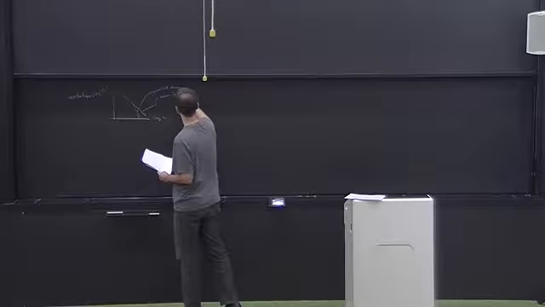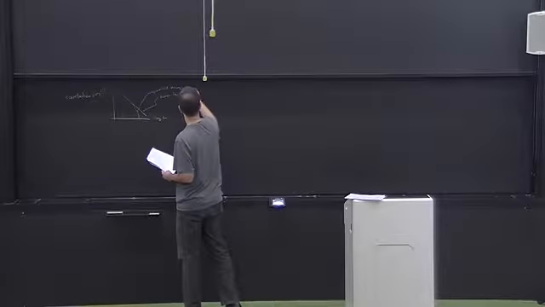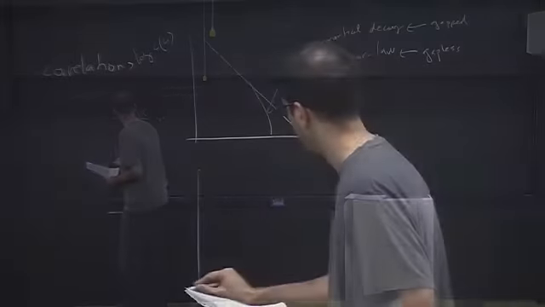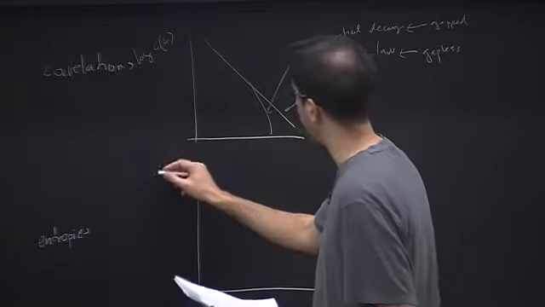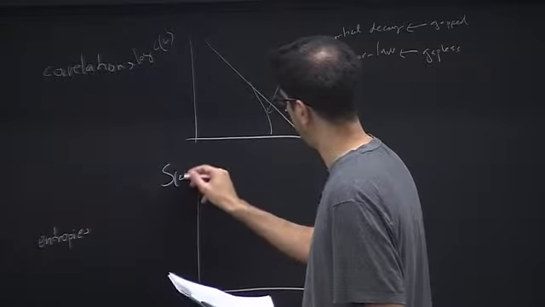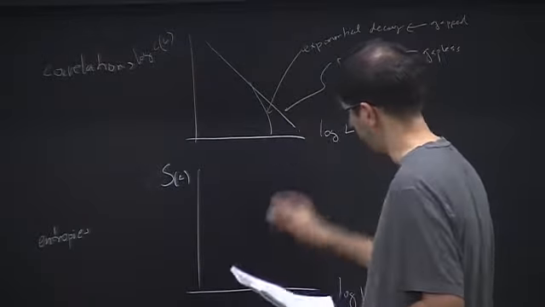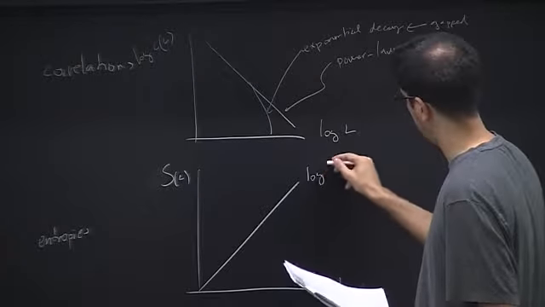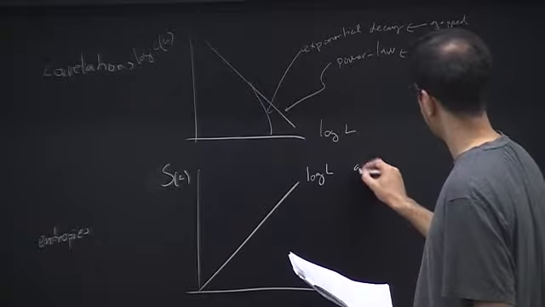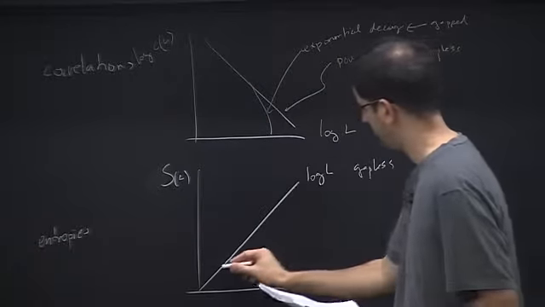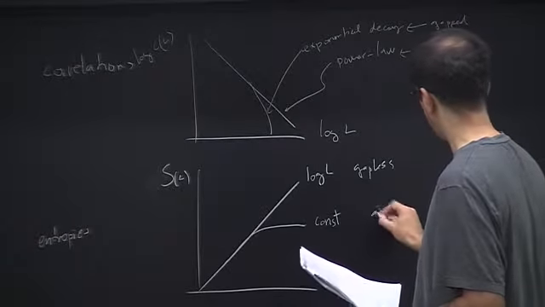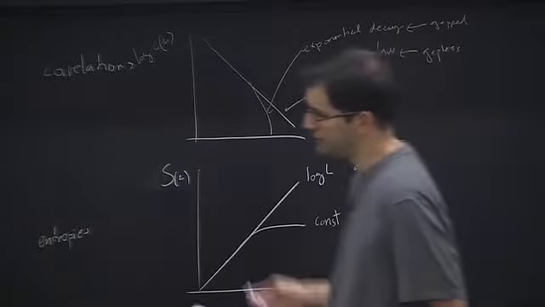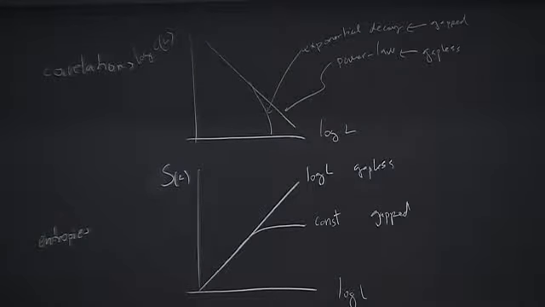So this is gapless, and this is gapped. And remember the entropies that we had. If we plot S of L versus log L, we had a log L for critical or gapless, and a saturation, so constant, for gapped systems. And now the question is where this quantum circuit fits.